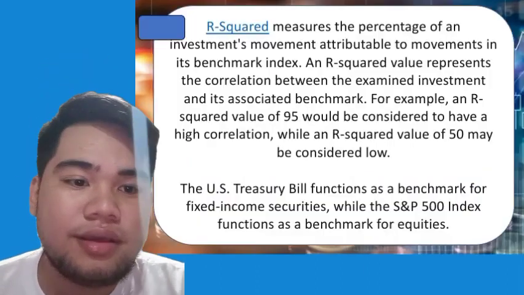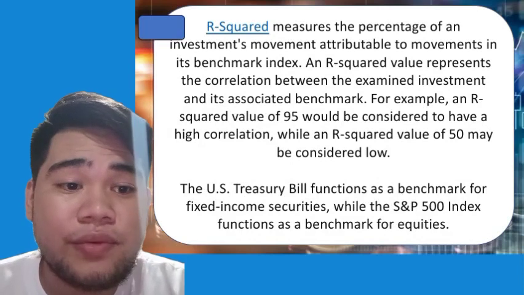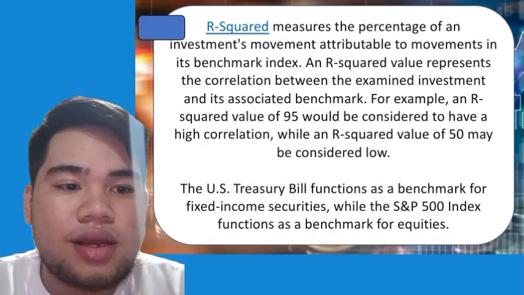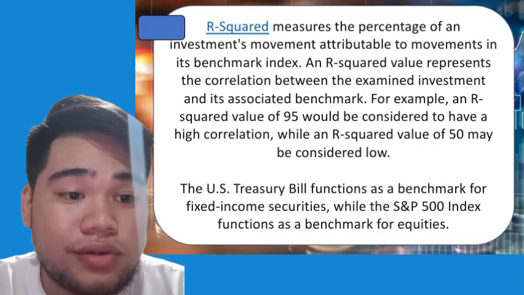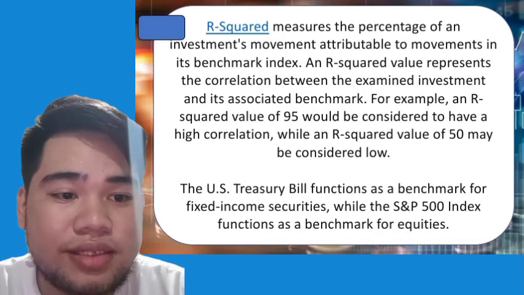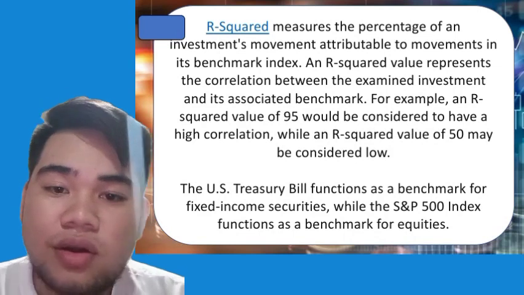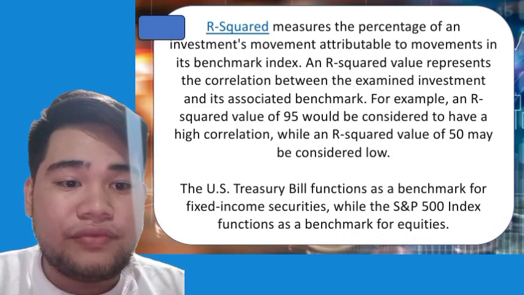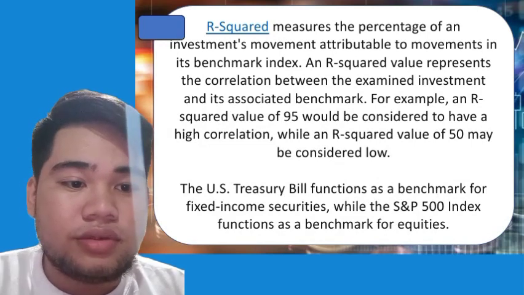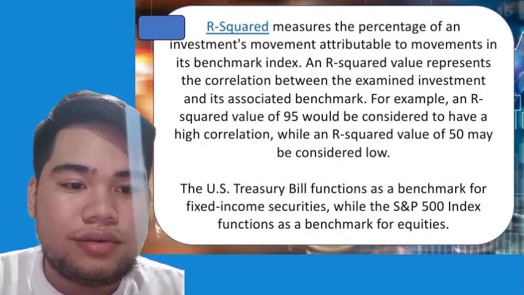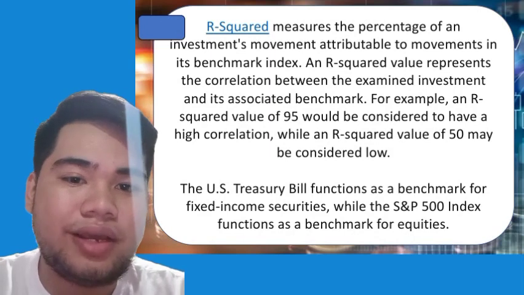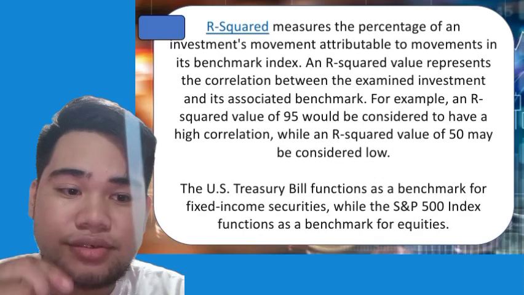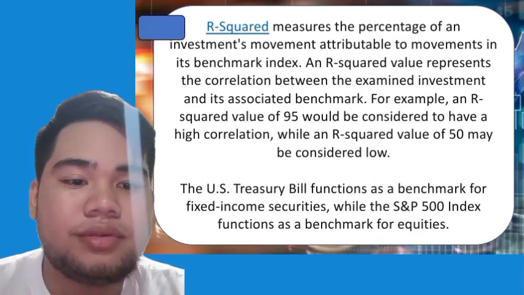R-squared is the investment movement attributable to the movement in a benchmark index. An R-squared value represents the correlation between the examined investment and its associated benchmark. For example, an R-squared value of 95 is considered a high correlation, while an R-squared of 50 may be considered low.